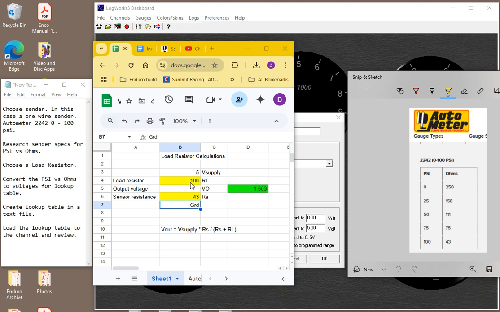On the calculator, I just use what's in the documentation: voltage out equals voltage supply times resistance sensor divided by the resistance sensor plus the resistance load. And if you look at this box here, you can see the formula which mirrors this, just using cells instead of math formulas.